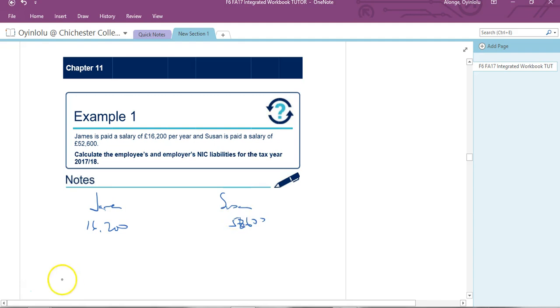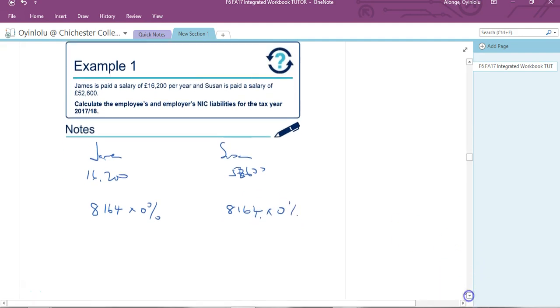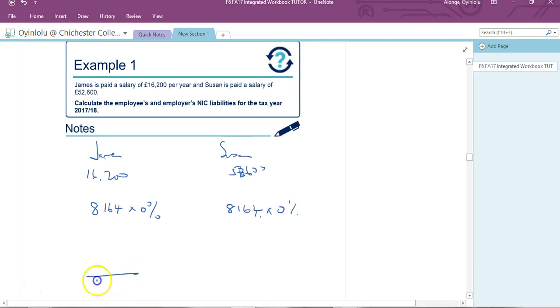There's a range of ways to do this, but what I'm ultimately trying to do is, first of all, say that the first 8,164 is at 0%. A bit like when we do income tax. Again, there's a range of ways of doing this. I'll do both of them so you see how both of them are fine. You know that has to add up to this 52,600.